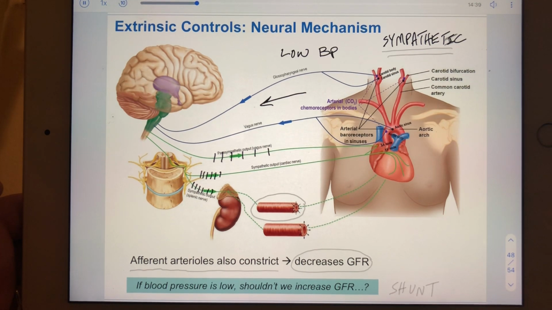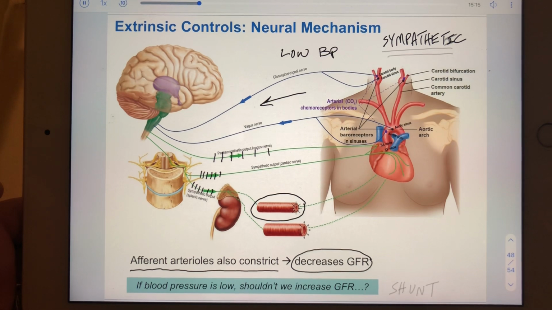And hopefully recall that when sympathetic fibers are carrying frequent action potentials, we're going to see an increase in heart rate, cardiac output, and that's right, blood pressure. Another result is vasoconstriction, okay? And that vasoconstriction isn't limited. It includes afferent arterioles, all right? Therefore, our glomerular filtration rate decreases.